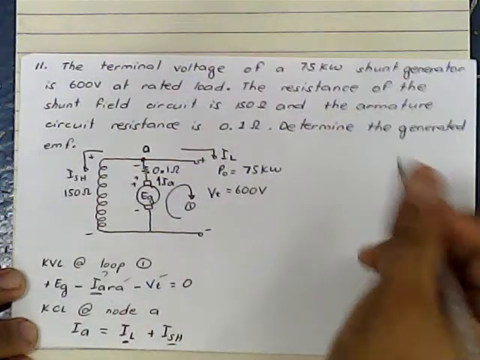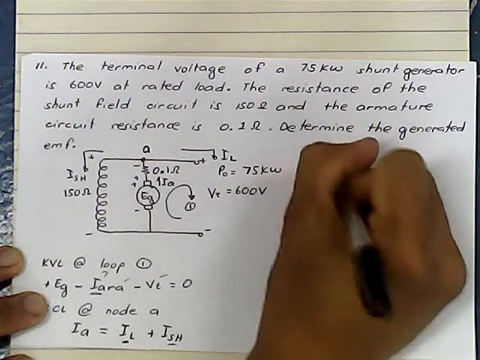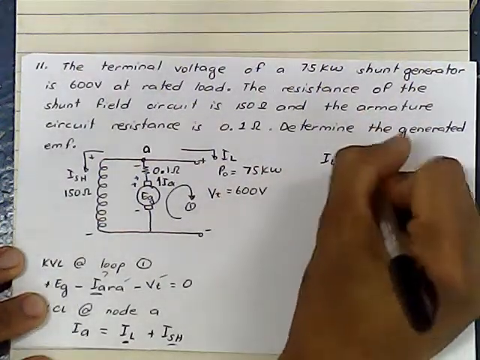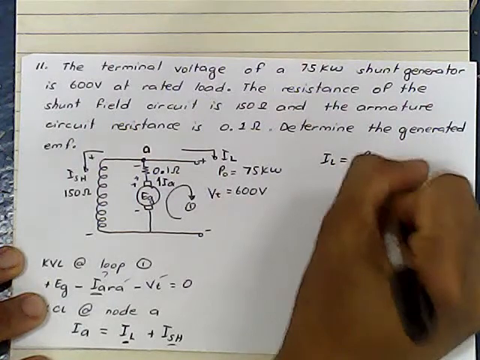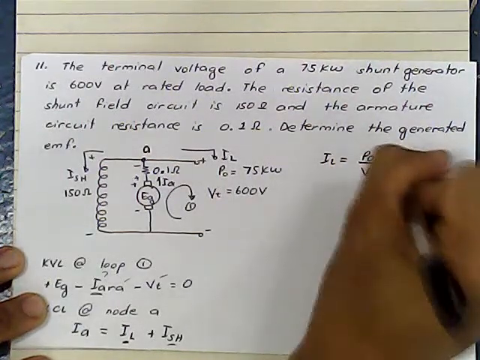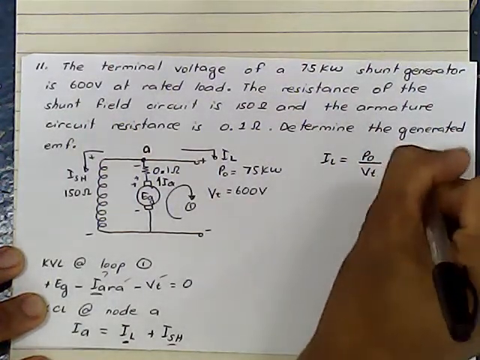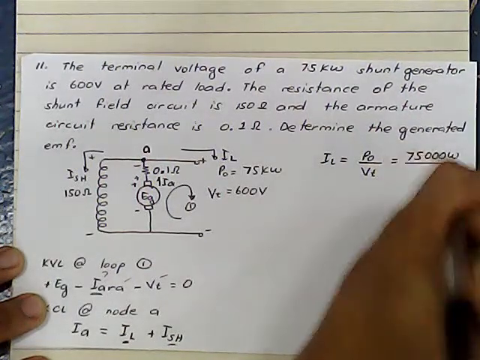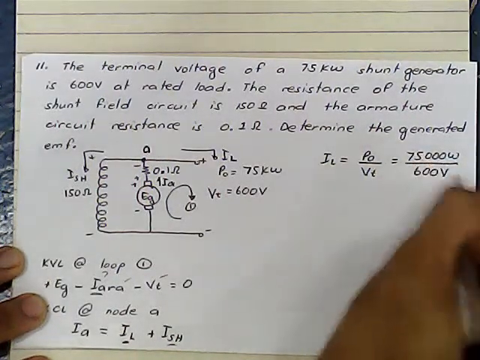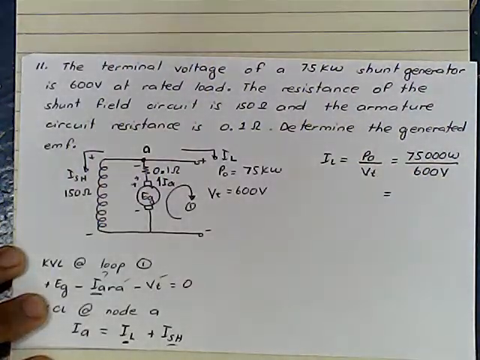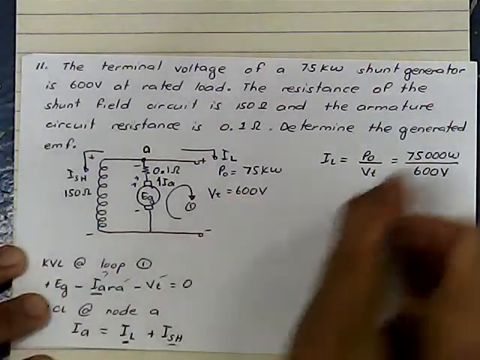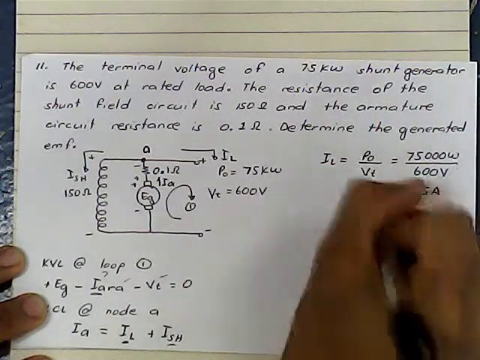So, from our previous problems, IL is equal to PO over VT. So, yung power output natin is 75,000 watts divided by 600 volts. So, yung value ng ating IL, 75,000 divided by 600 volts will give us 125 amperes.